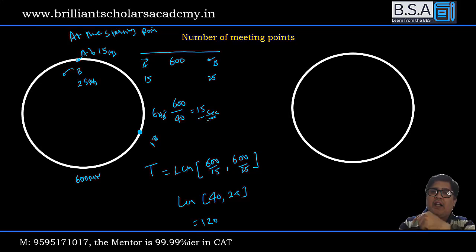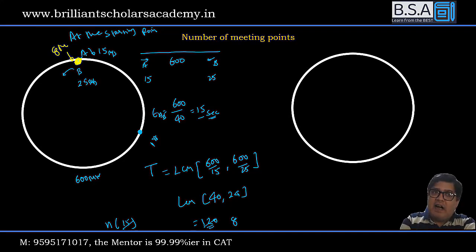Up to that point, in every 15 seconds, they will meet again and again. So 120 is what multiple of 15? 120 is the 8th multiple. What I'm trying to tell you is that when they meet here, it is their 8th meeting.